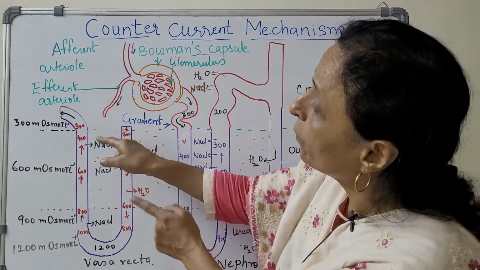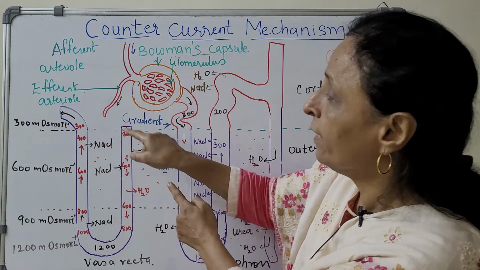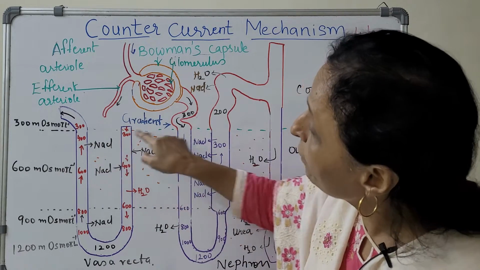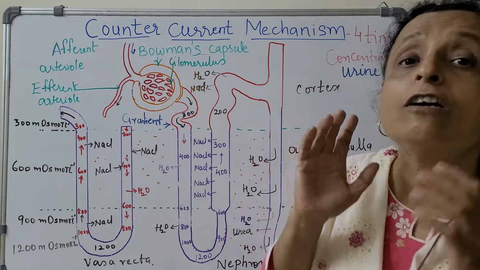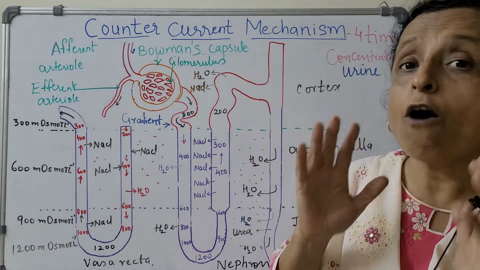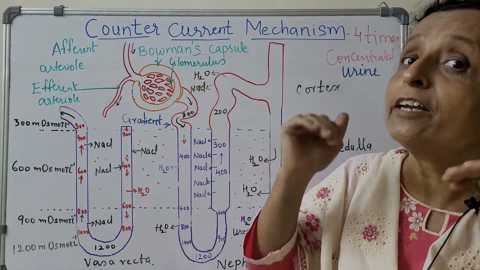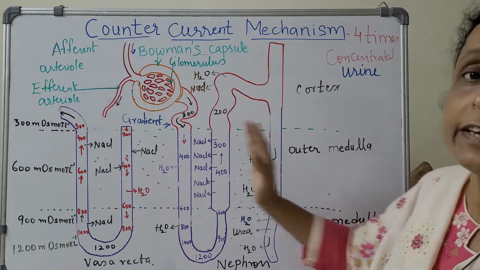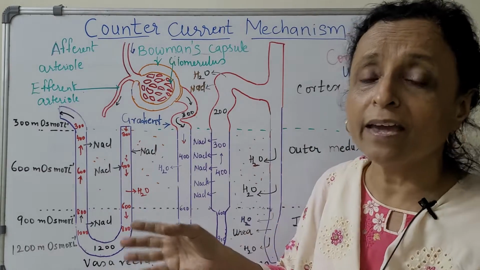So your blood will take in NaCl, give it to this ascending limb, and that will balance the concentration of the interstitial fluid, the fluid which is present in the medullary region, the interstitial space.